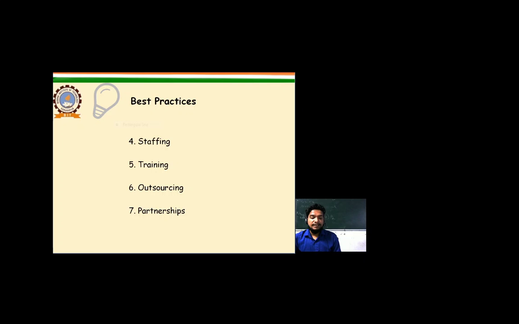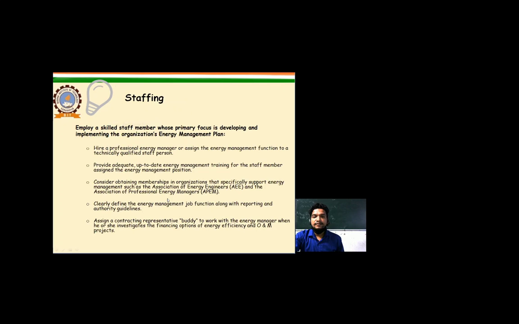Without getting any type of training, you can't perform accurately and efficiently. So training is very important for all the bodies of organizations. Outsourcing and then partnership, because the revenue of that type of organization or business, that means we are talking about the revenue with surplus charges, and definitely the partnership matters.